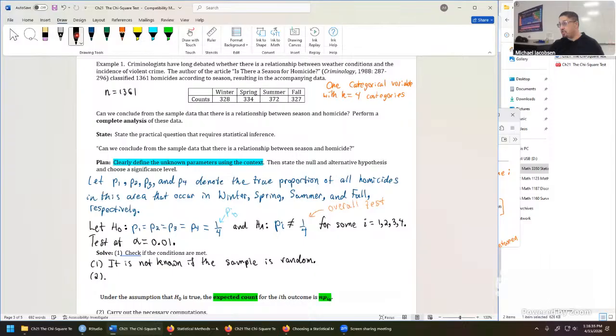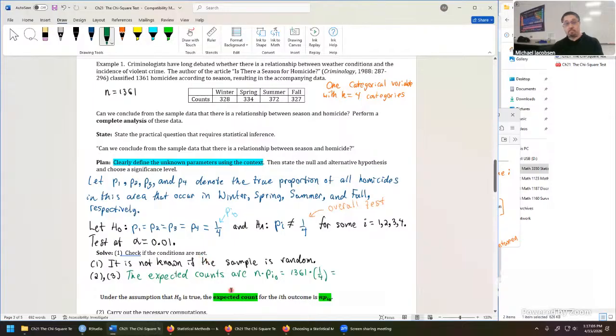For the next conditions, 2 and 3, the expected counts are n times pi naught. N is the overall sample size, 1,361 individuals, multiplied by pi naught, 1/4.